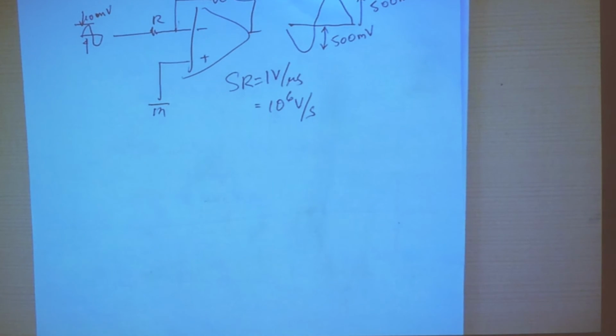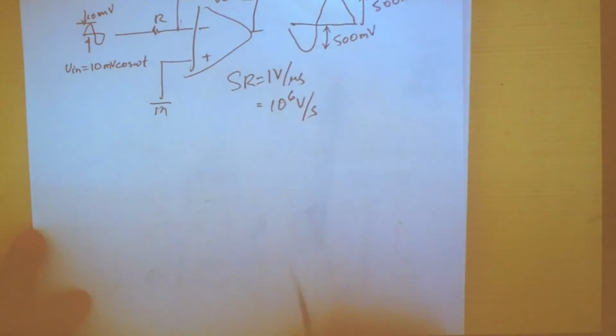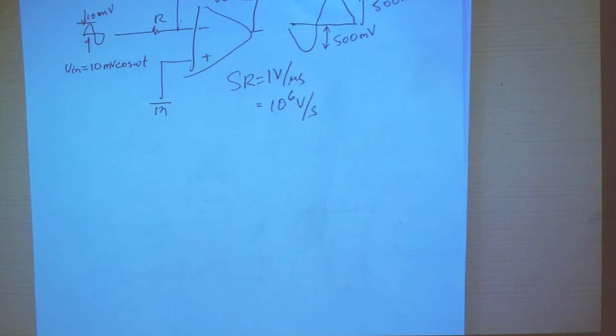Alright? And then we know that if V in is equal to 10 millivolt cos omega t, because it's a sinusoidal. So a sinusoidal can be a cos wave or a sine wave. Alright? So I purposely use cos wave because everyone assumed that a sinusoidal is a sine wave.